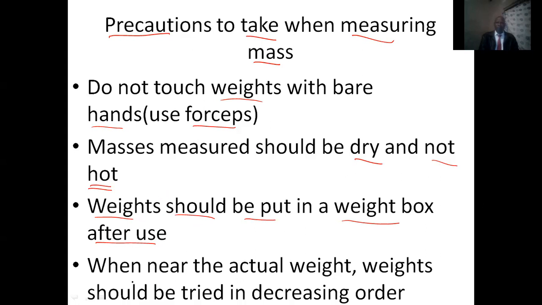Similarly, when you are approaching the weight that you are measuring, you should ensure that for the pointer to coincide with zero, the weights are tried in descending order.